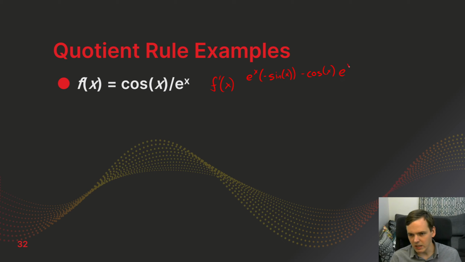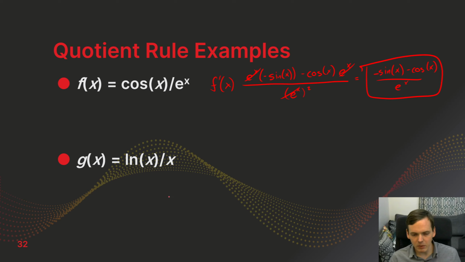So that would be e to the x, all divided by what's in the denominator, so e to the x squared. If we want to clean that up a little bit, one of the e to the x's can cancel from everywhere, and we'll get negative sine of x minus cosine of x over e to the x.